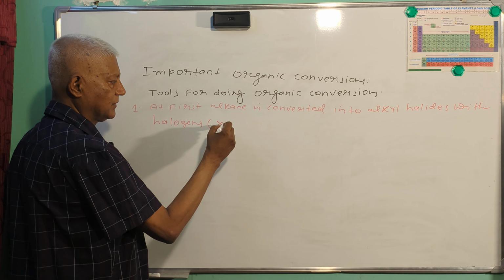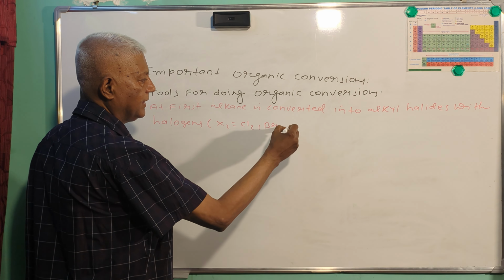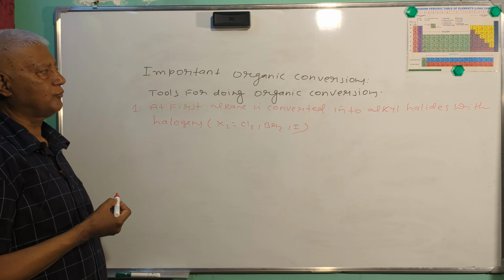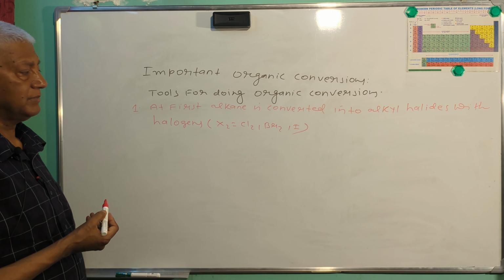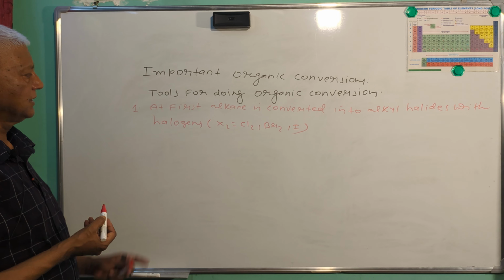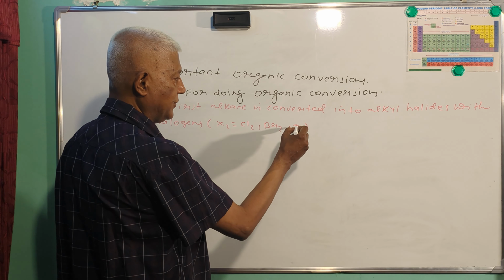Halogens means maybe chlorine, maybe bromine, maybe iodine. So at first, always for doing organic conversion, alkane is converted into alkyl halides with halogens, maybe chlorine, maybe bromine, maybe iodine.